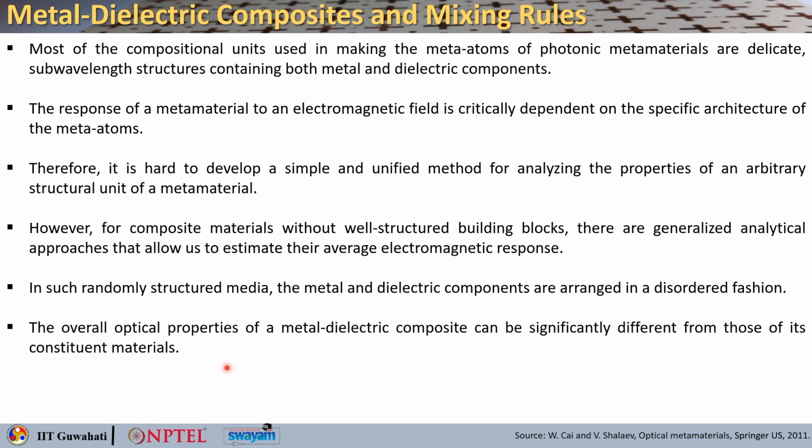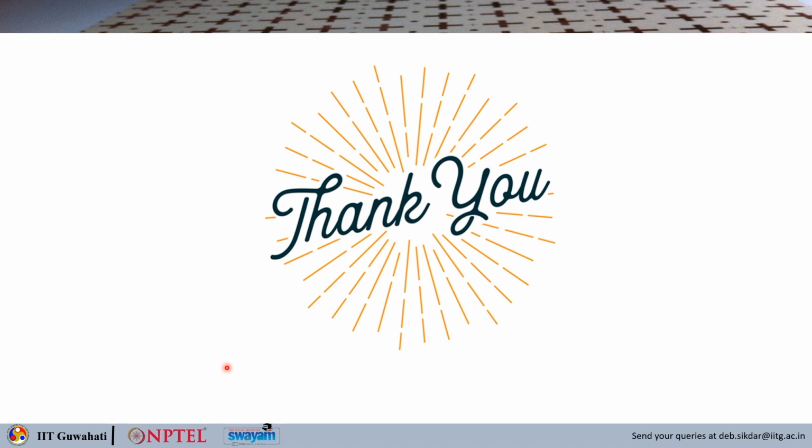The overall optical properties of such a metal dielectric composite will be significantly different from those of its constituent materials. That is where metal dielectric composites and different mixing rules come into the picture, and we will continue that in the next lecture.